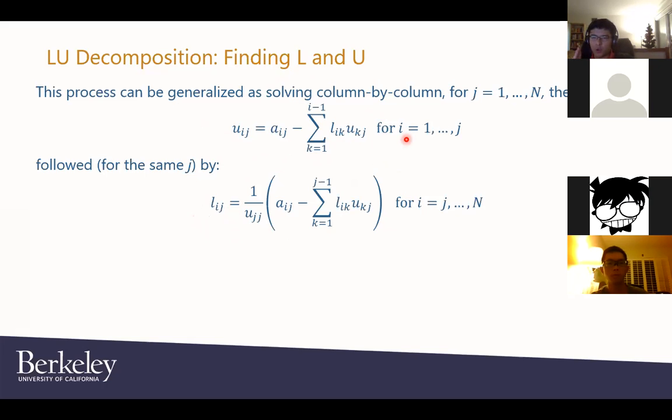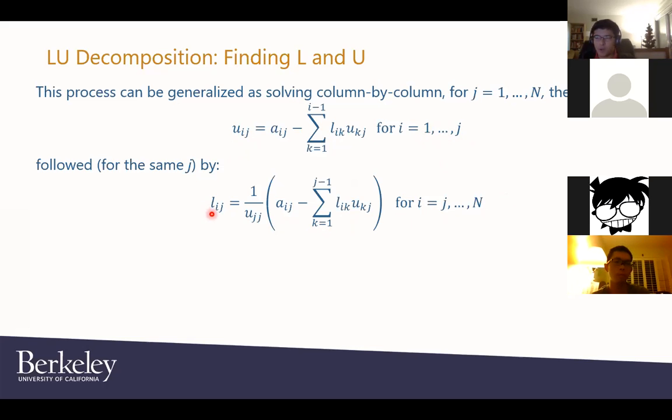Remember, we are going to go on a for loop through the columns J. So J equals 1, we solve for the rows I. J equals 2, we solve for the rows I, and so on and so forth. And inside each column, we will have this expression for U for I equals 1 through J, because remember, U is the upper diagonal, so we want everything up to the diagonal.